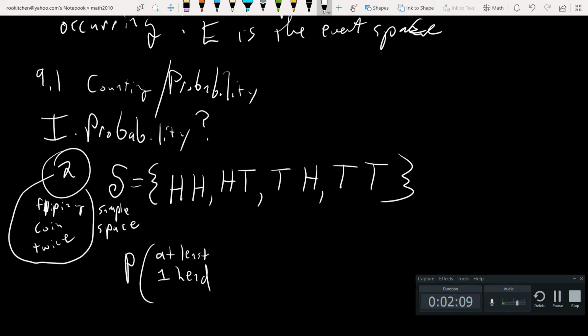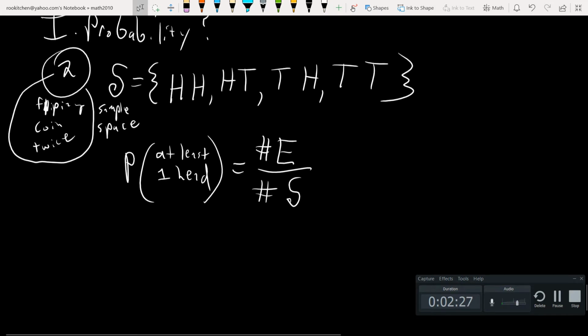To figure out probability, you take a ratio of two things. You take the number of things in what's called the event space, which is getting at least one head, and divide it by the number of things in the sample space. This pound symbol means number, so number of things in the event space over number of things in the sample space.